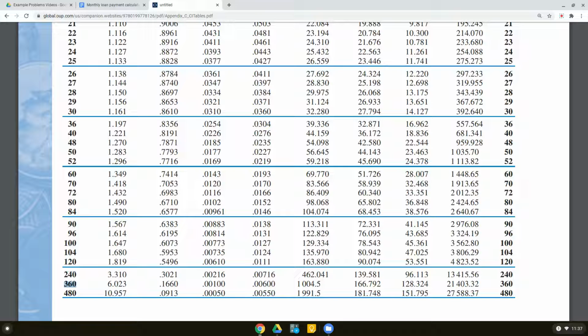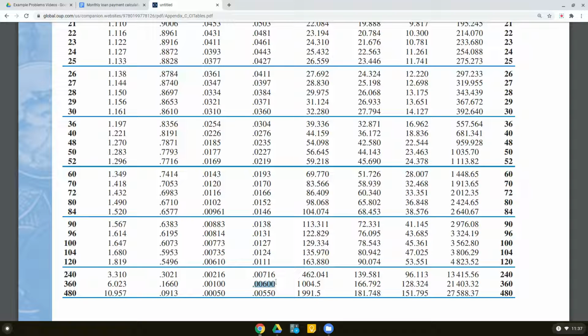You should look at a row with a number smaller than the number you have, and a row with a number higher than the n value you have. So 240 and 360. For 240, the A given P factor is 0.00716, and for 360 it is 0.006.